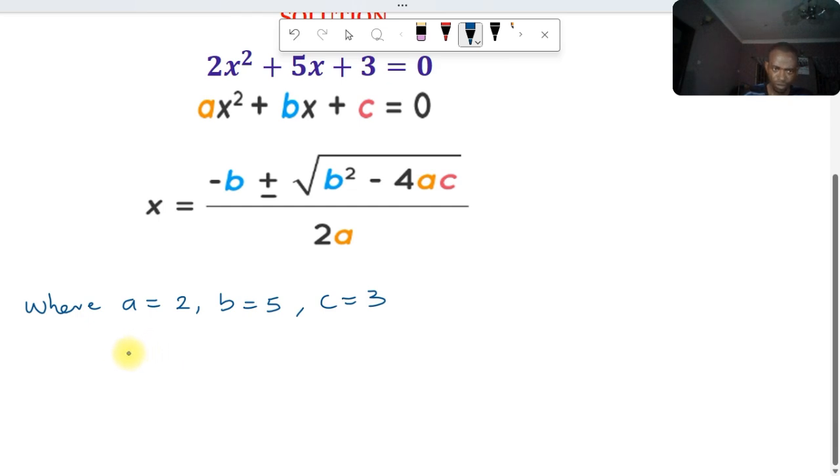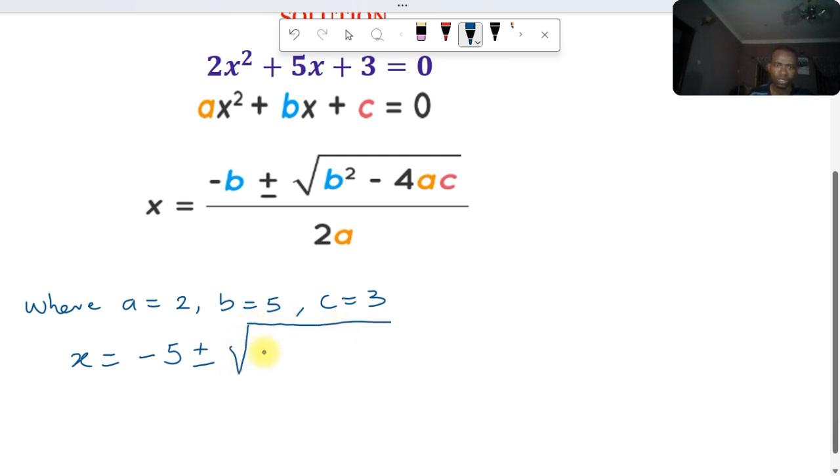So if we proceed with this, we have x therefore equal to minus b. B is 5, so we have minus 5, followed by plus or minus according to the formula. Then you have to draw the square root.